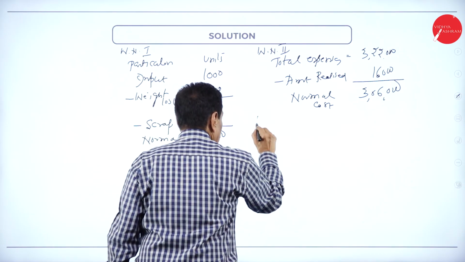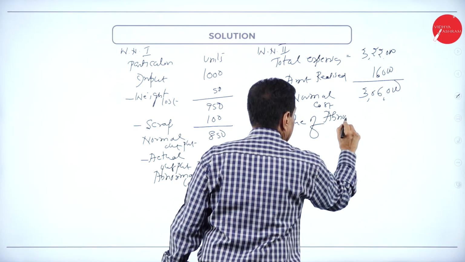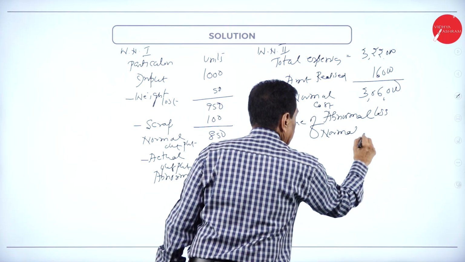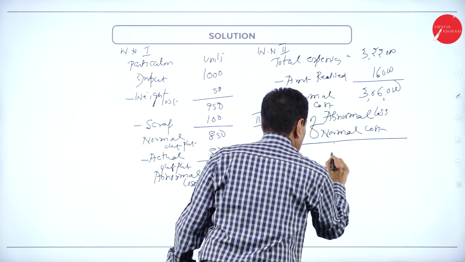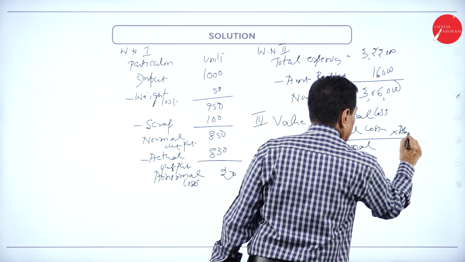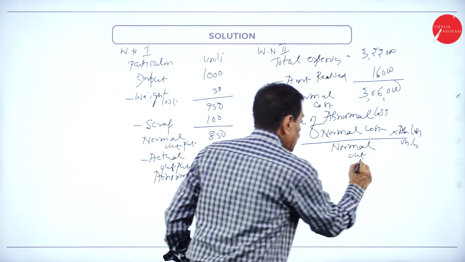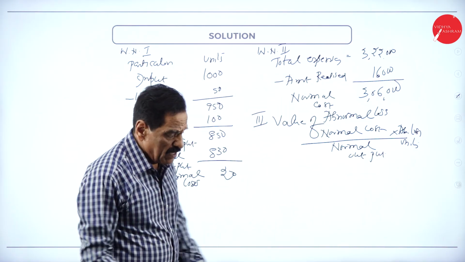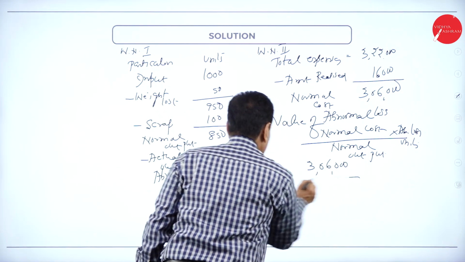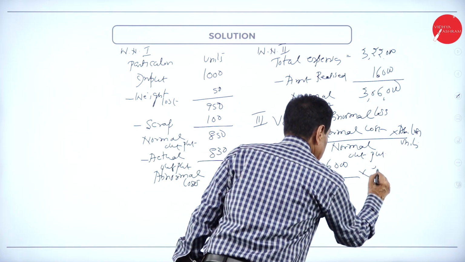Then working note number 3, value of abnormal loss. Formula: normal cost divided by normal output multiplied by abnormal loss units. So what's your normal cost? 3,06,000. What's your normal output? 850, into abnormal loss of 20.